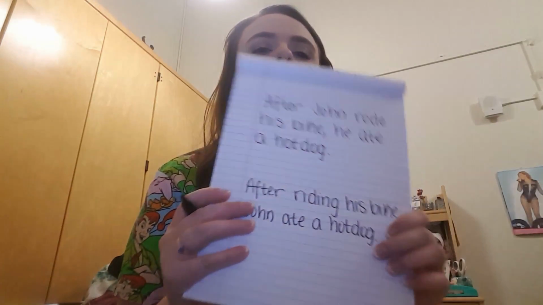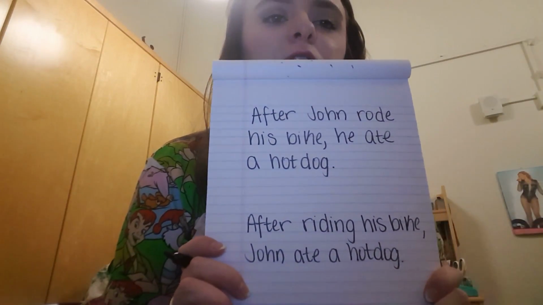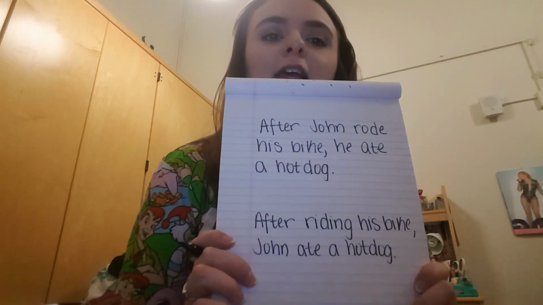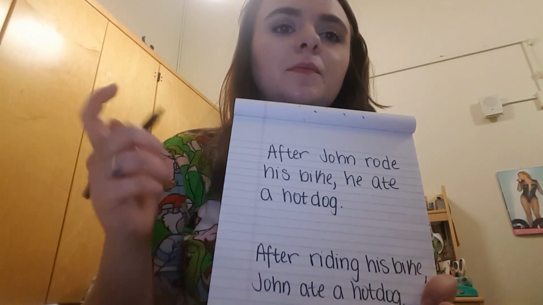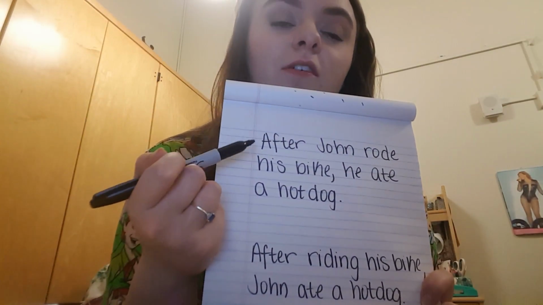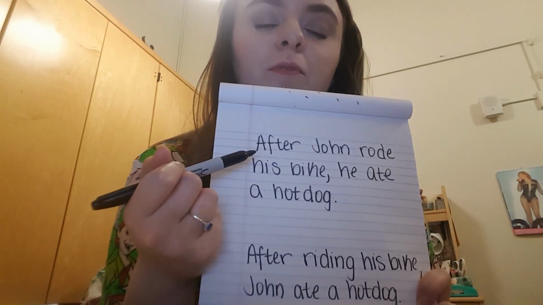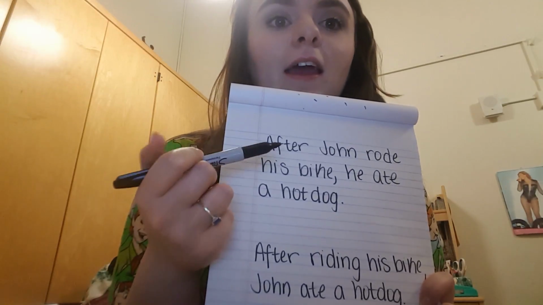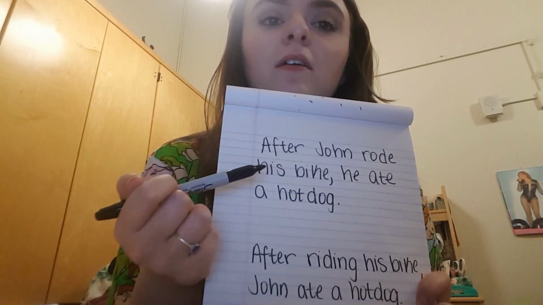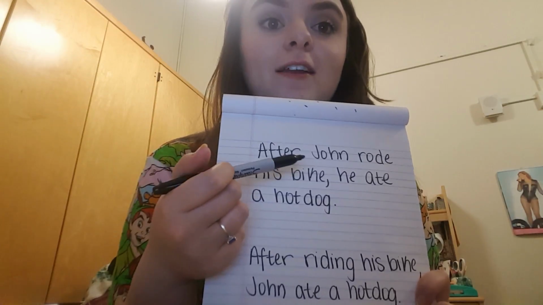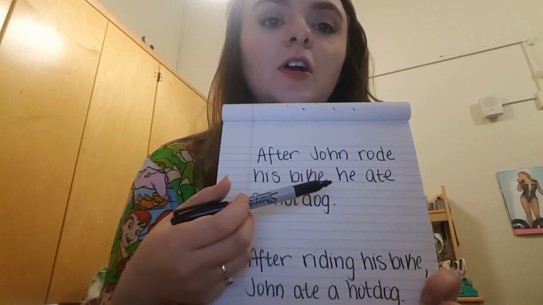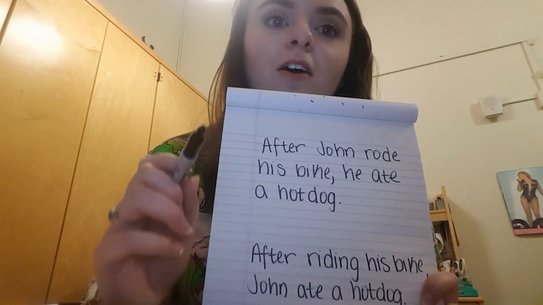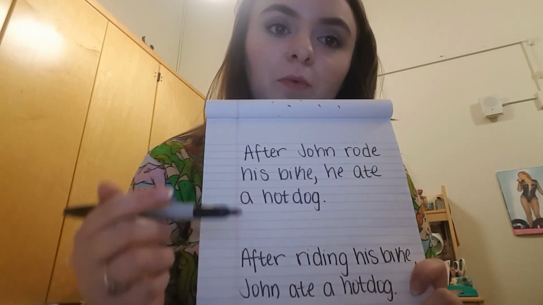Okay, so the new sentence should be, after riding his bike, John ate a hot dog. Why is this correct? Right? It fits our rules, starts with after, before, while, or when, and the adverb clause and the main clause have the same subject, right? John is the subject. So because the adverb clause comes first, the ing also goes into the adverb clause.